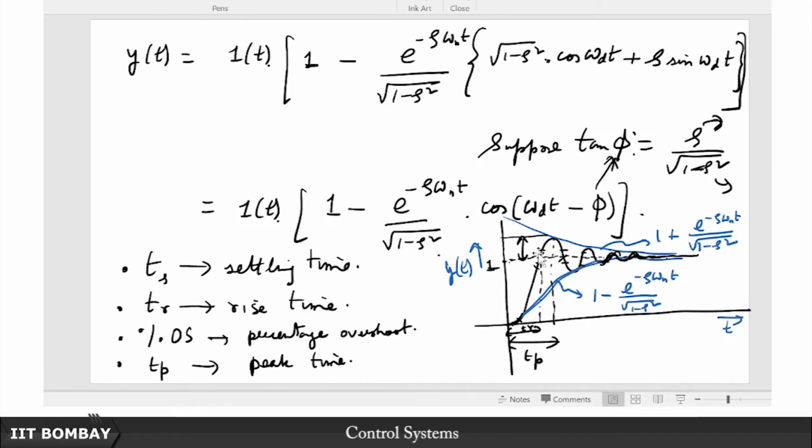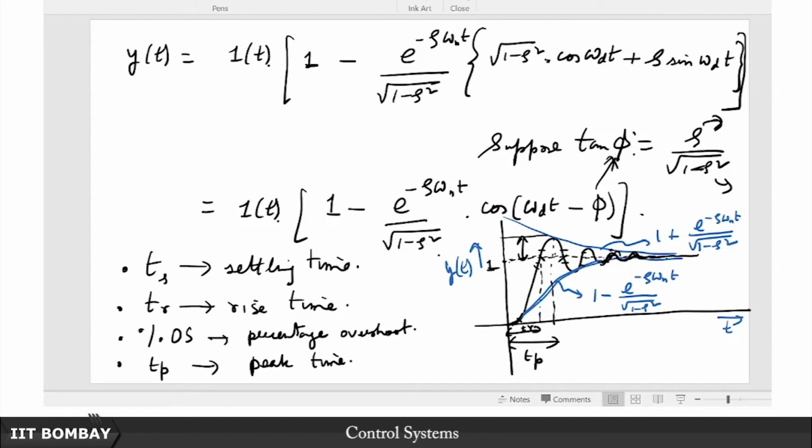Why so? What we are doing here is we do not care about the actual way in which this cosinusoid is making this response vary. We are just focusing on this envelope and the instant at which this envelope attains a value of 0.98 or 1.02 in this case, because 1 is the steady value here.